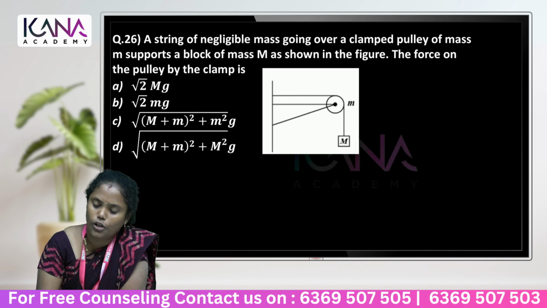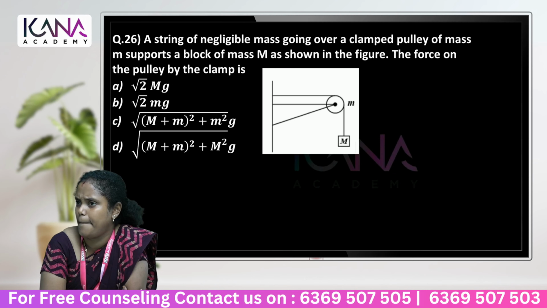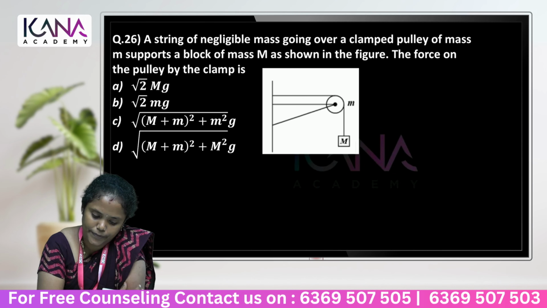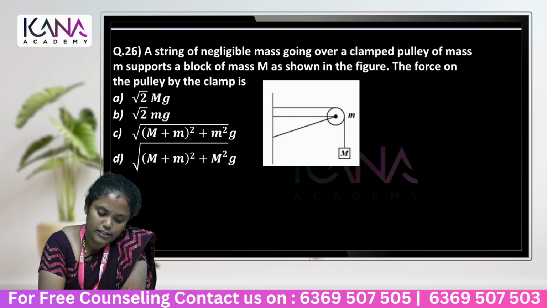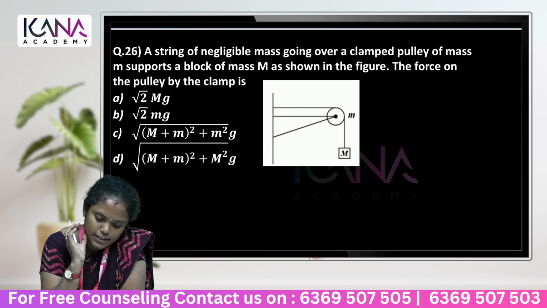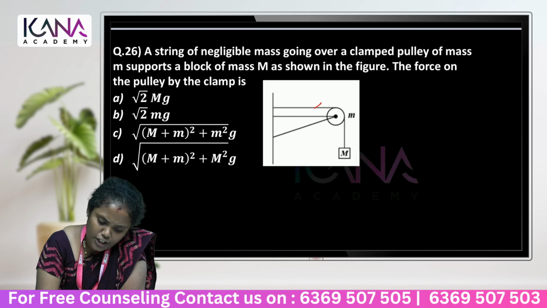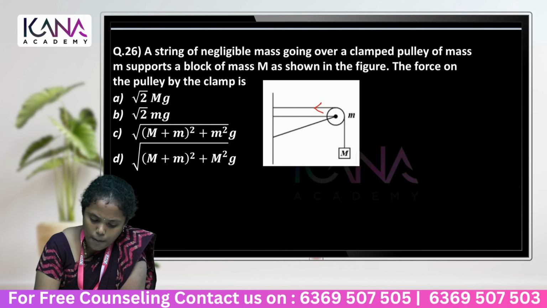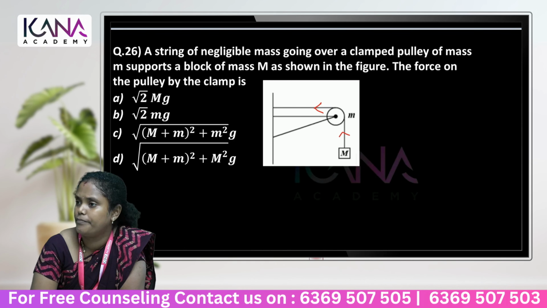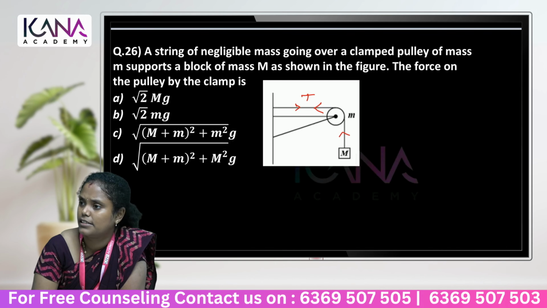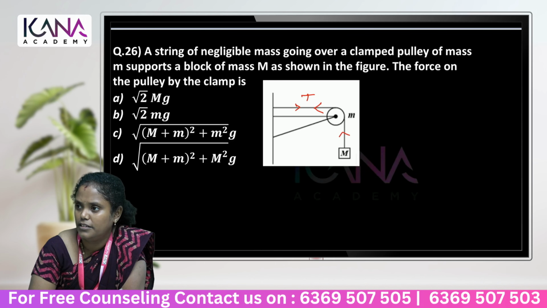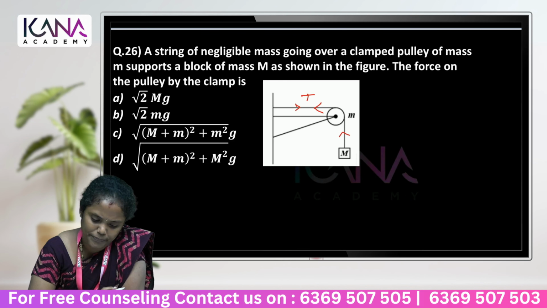Here we need to resolve F into components. String of negligible mass. இங்க இருக்க டென்ஷன் நமக்கு என்னவா இருக்கும்? Here as we have pulley இல்லையா? We have tension T as mg if it is stationary.